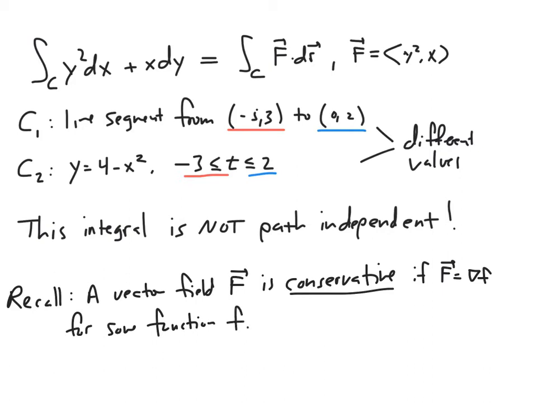We know the gradient vector of a function is always a vector field, and so this is one property that a general vector field can have, whether or not it is the gradient of some function. And if it is, that function f is called the potential function. And it turns out that this is one of the useful properties that allow us to determine path independence.